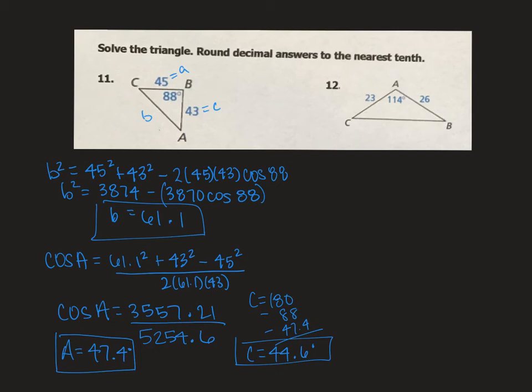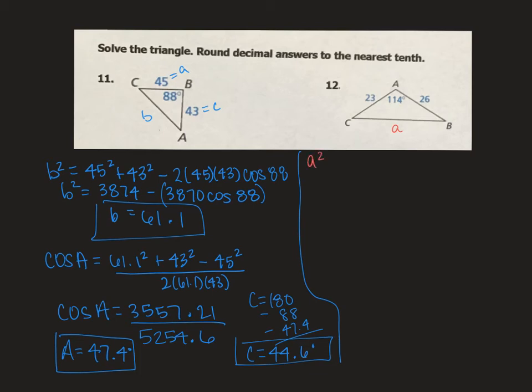So if you feel confident to try number 12, it's the same setup, just with different numbers. We know angle A, we need to find side a, and we need to find angles B and C. If you feel confident, pause it and try it. If not, just follow along.